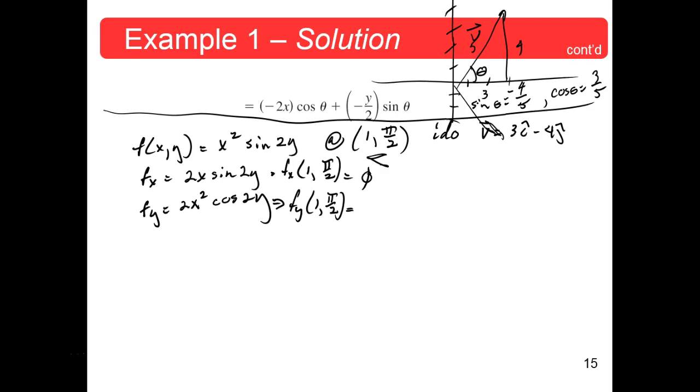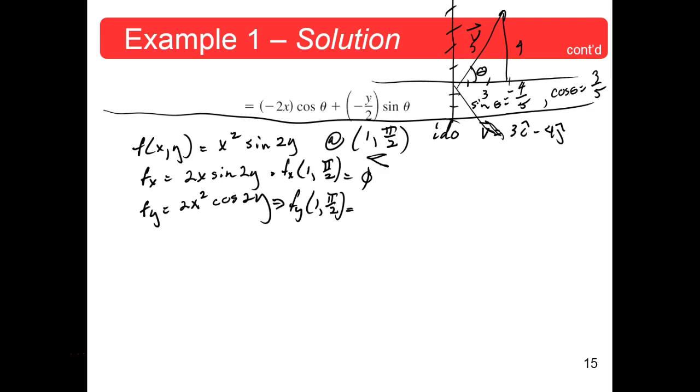Cosine of 0 is 1, and cosine of 2 pi is 1. What's cosine of pi?